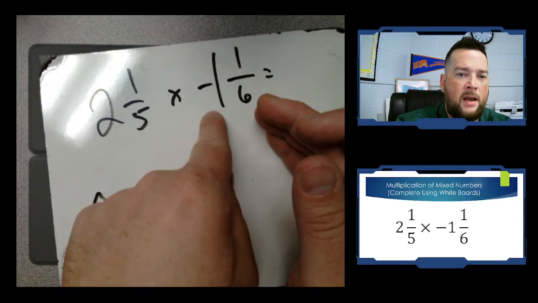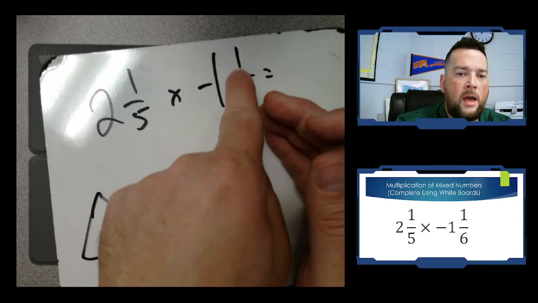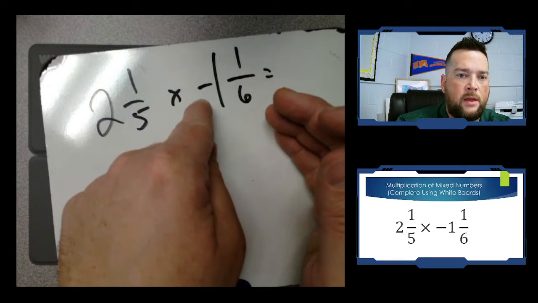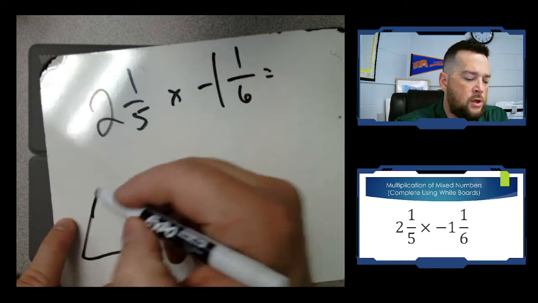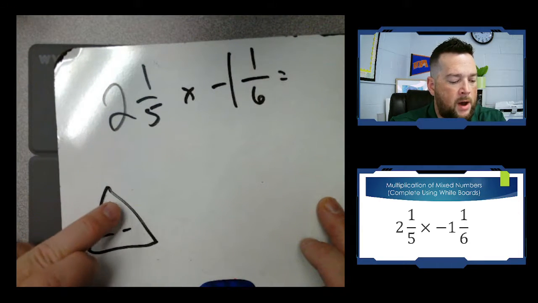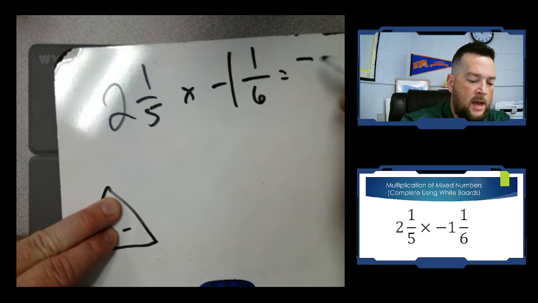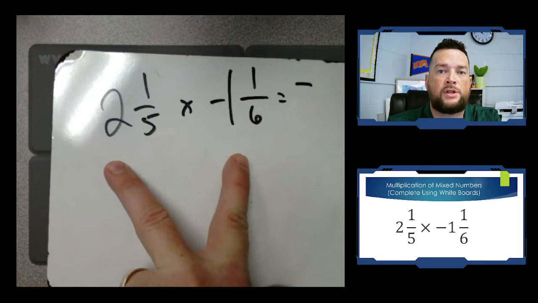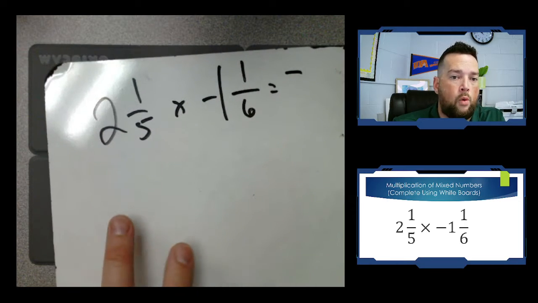So that -1 is a -1 whole, and this 1/6 over here is like a -1/6, but since you squeeze it together, you just represent the negative once. So we're going to find out first what our product is going to be by doing a positive times a negative. It's going to be a negative. So we know our product is going to be negative. We take care of that first, and then we can just go ahead and worry about the numbers.